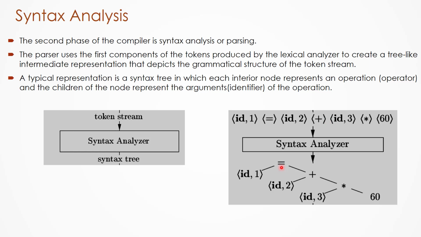If we analyze this tree, the first thing that happens is id3 star 60 because multiplication has the highest priority. Then it is added to id2, then the entire value is stored in id1. So the output of lexical analysis is given to syntax analysis, and syntax analysis converts those tokens to a tree called a syntax tree. So input is a token stream, output is a syntax tree.